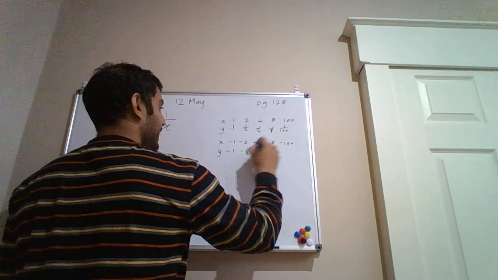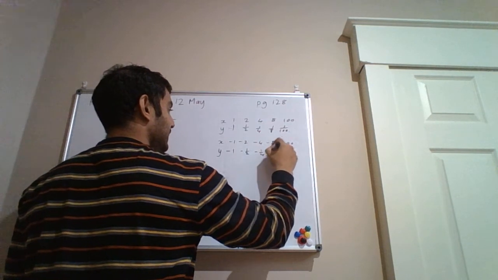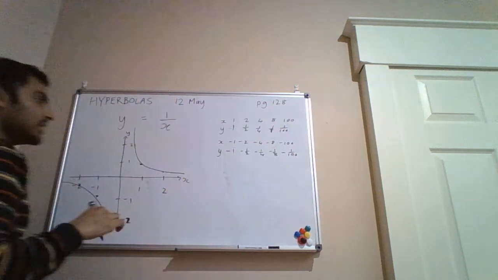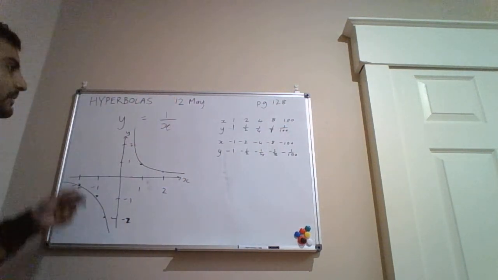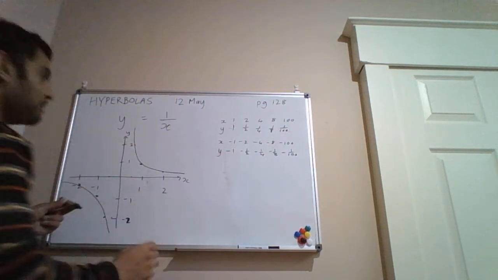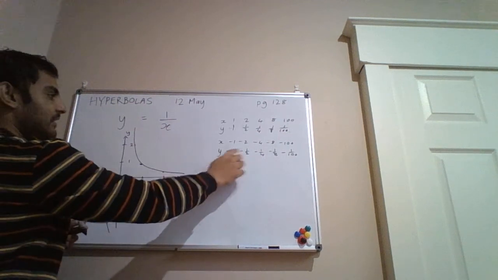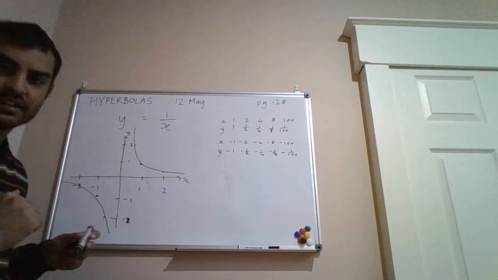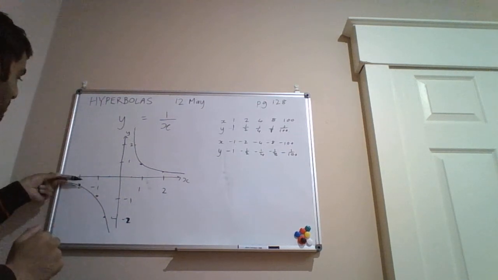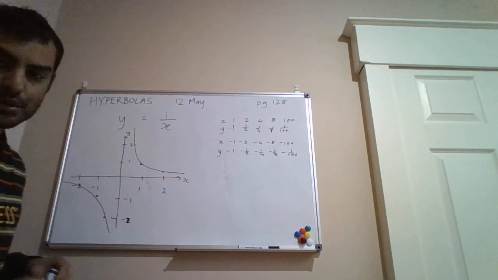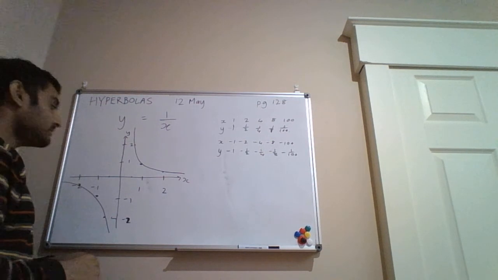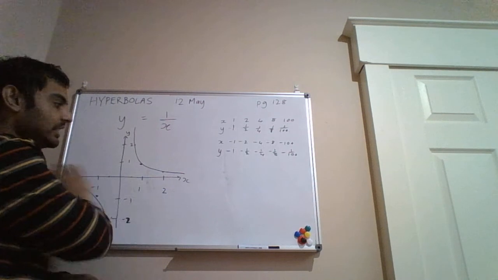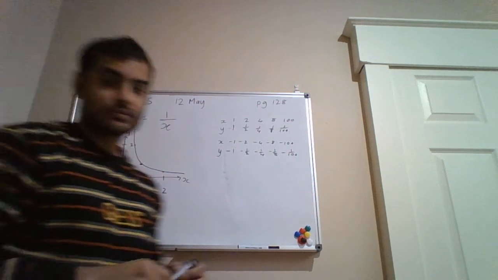Negative 1, negative a half, negative a quarter, negative 1 over 8, negative 1 over 100. So our y value is getting bigger. You see, negative a half is bigger than negative 1. Negative a quarter is bigger than negative a half. So it's getting bigger, but it's never quite reaching 0. So that describes our two asymptotes, the vertical and the horizontal.